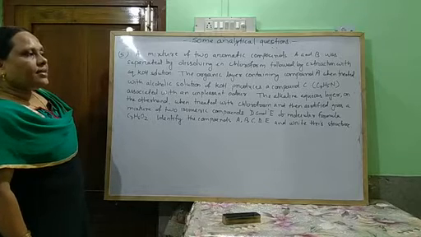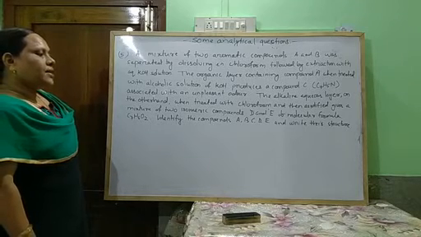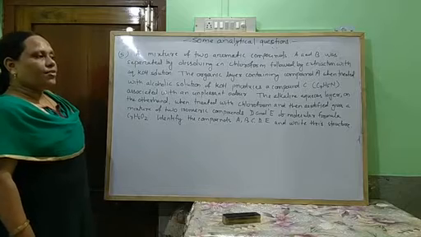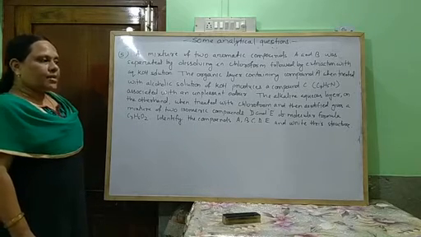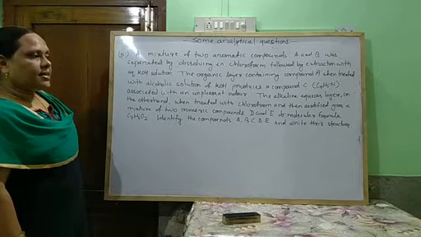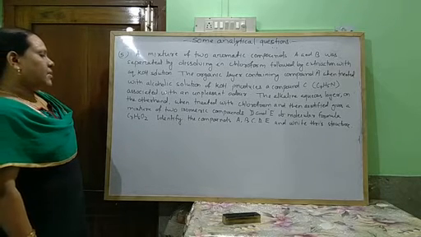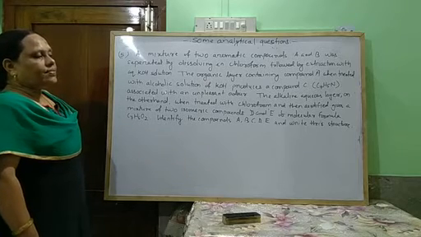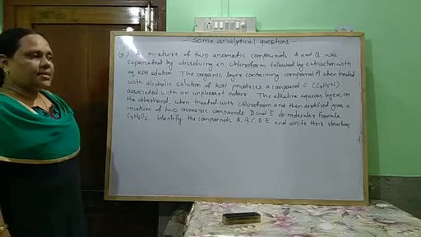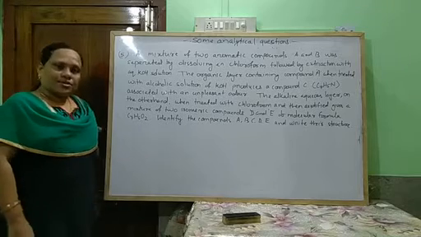The alkaline aqueous layer, on the other hand, when treated with chloroform and then acidified, gives a mixture of two isomeric compounds D and E of molecular formula C7H6O2. Identify the compounds A, B, C, D, E and write the structure.